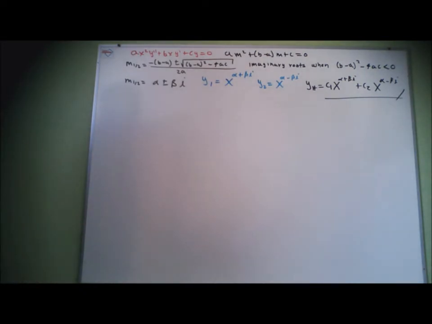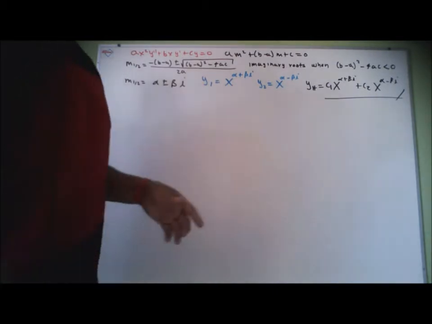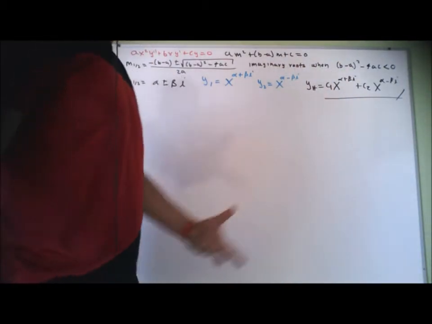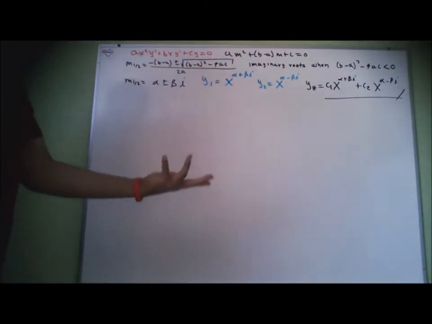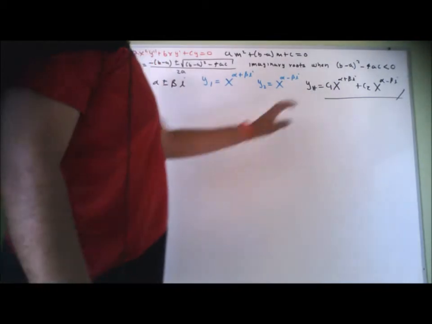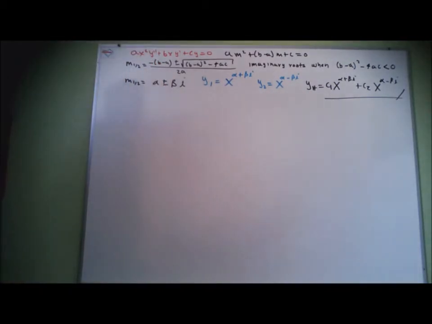But for engineering, the problem here is that we will have imaginary functions, and we want real functions. So how are we going to get homogeneous solutions with real functions? We are going to apply again the Euler formula.